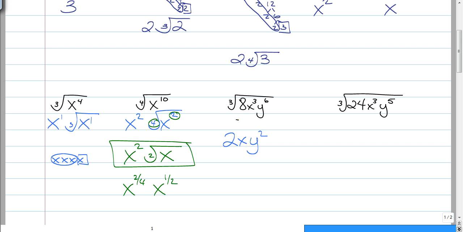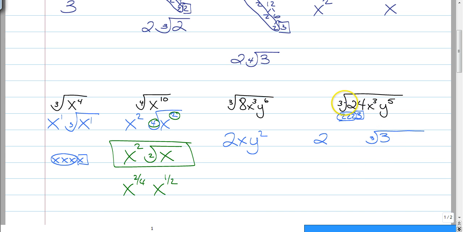So the next example, very similar, except for the 24. You're going to have to break it down. You're going to actually break it down till you get a 2, a 2, a 2, and a 3. So you're going to circle your 3 2's, box your leftover. So you're going to have a 2 on the outside, and you're going to have a cube root of 3 on the inside, but leave a little bit of room.